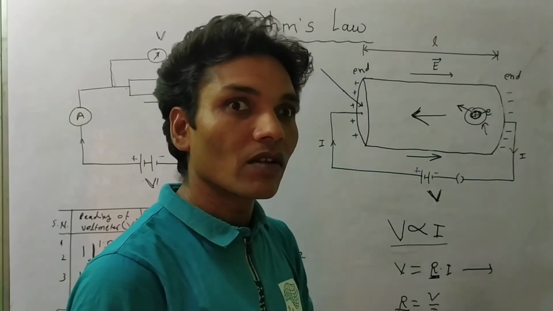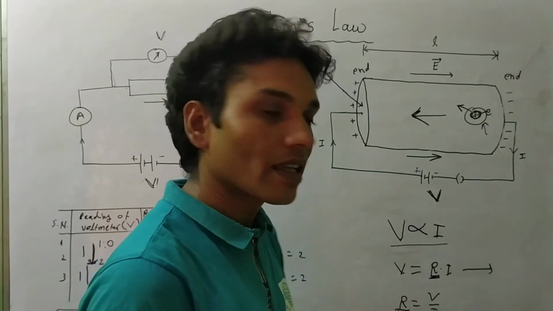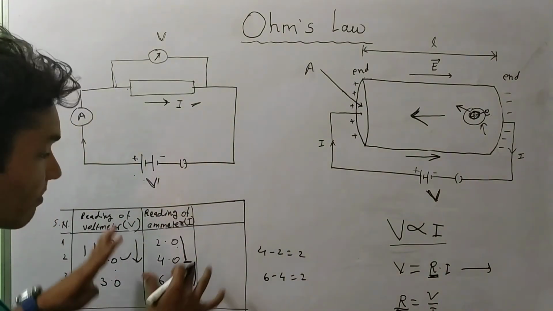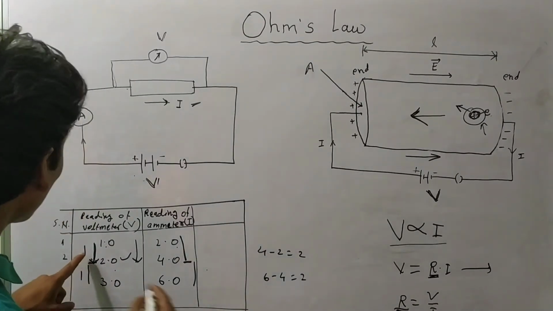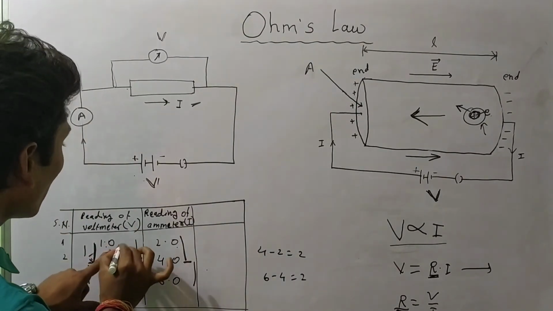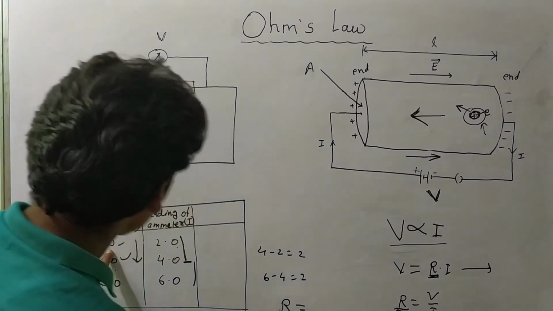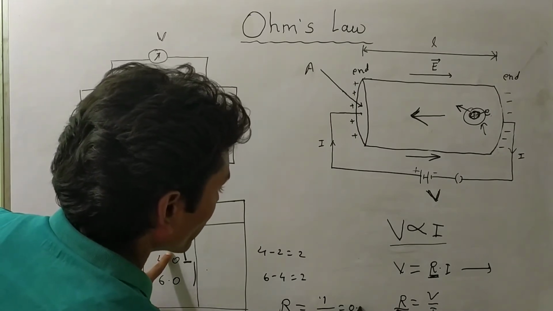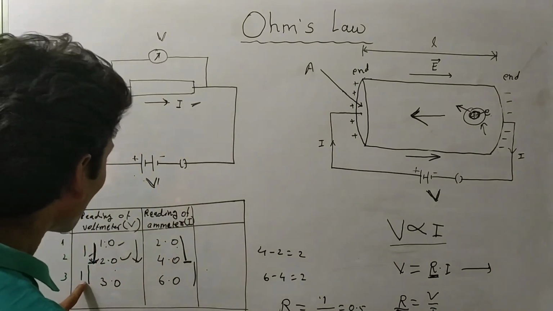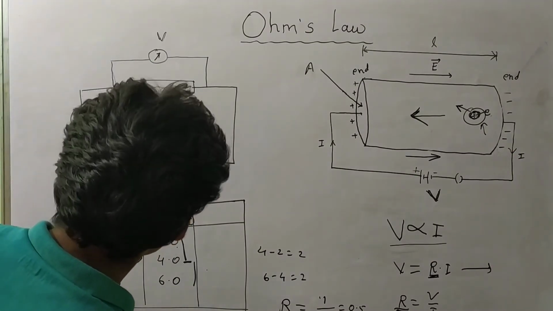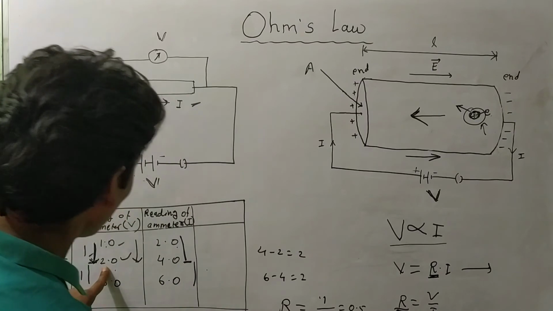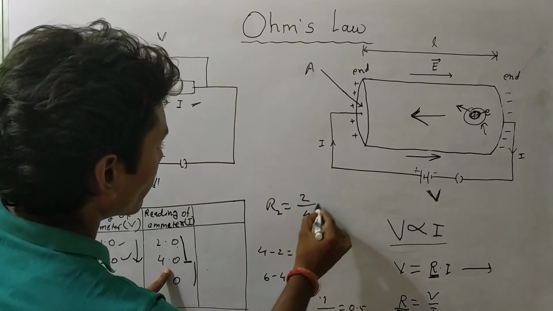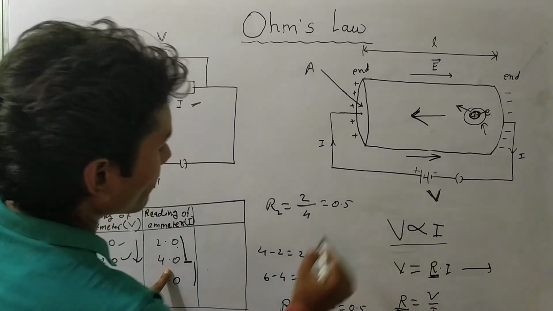He took many readings, and in this experiment, if V equals 1, then R will be 1 volt upon current 2, which is 0.5. In the next reading, voltage 2 and current 4, again 0.5.